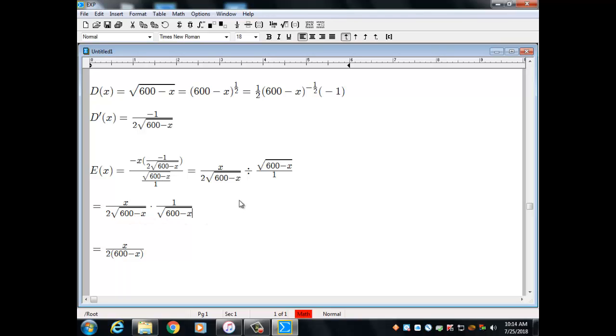I think sometimes when I just say the final answer is that, you're like, whoa, okay, sounds great, cool, if he says so. On the final exam, we pick C. All right, so that gives you a final answer of x over 1200 minus 2x. Does that make sense? And that's called elasticity.